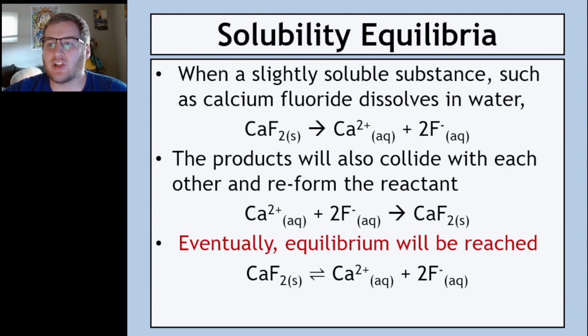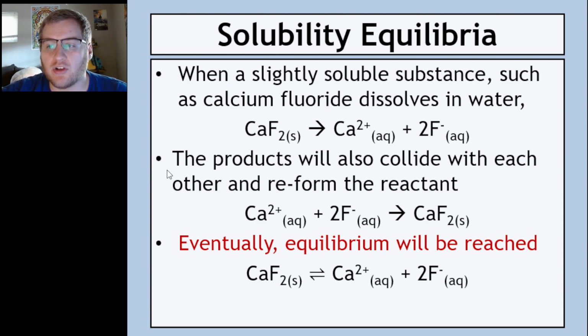When a slightly soluble substance, such as calcium fluoride, dissolves into water, our reaction is CaF2, a solid, because we're starting with a solid. Remember, solids are not included in the equilibrium expressions at all, so we'll keep that in mind. It splits into its ions, Ca2+ aqueous and 2F- aqueous. But when it splits, the reverse reaction happens as well.